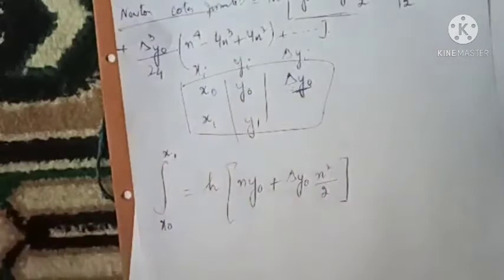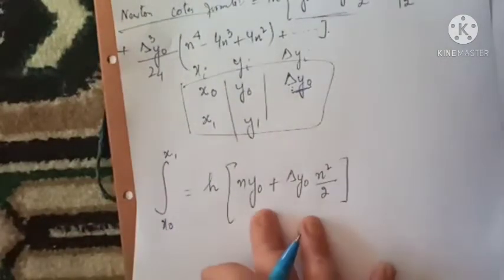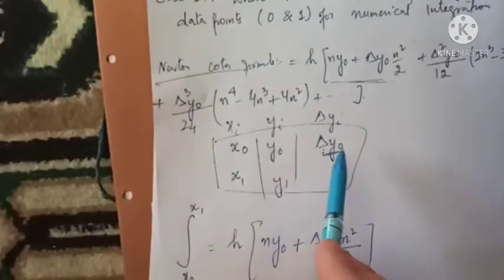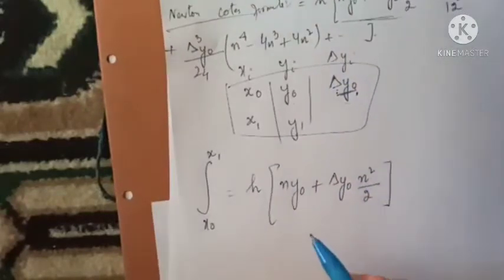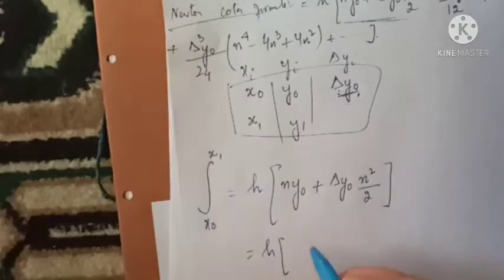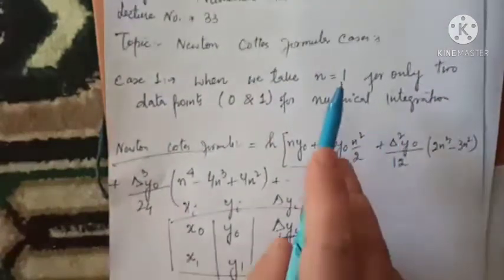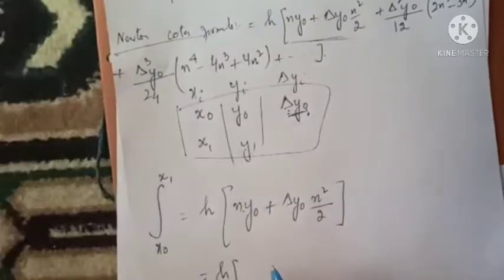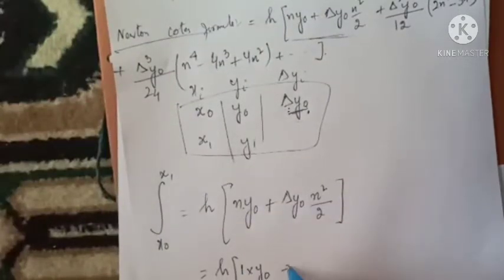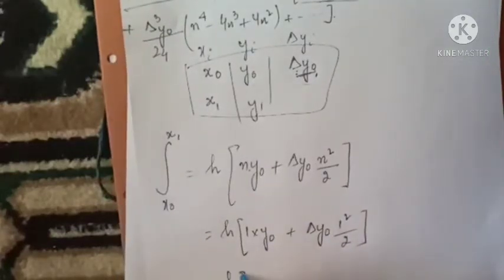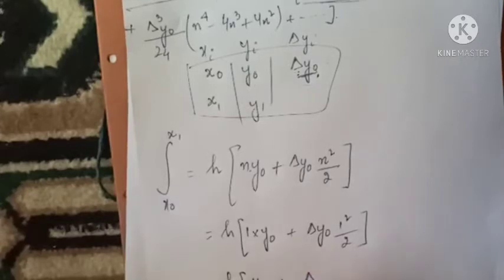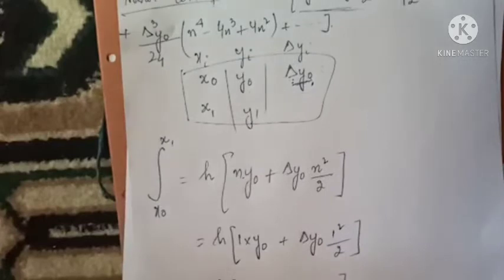We only have to take this much because we only took two data points. Now we will simplify this. We take n is equal to 1, so 1 into y0 plus delta y0 times 1 square divided by 2. That will be equal to h of y0 plus delta y0, 1 square is 1, divided by 2.